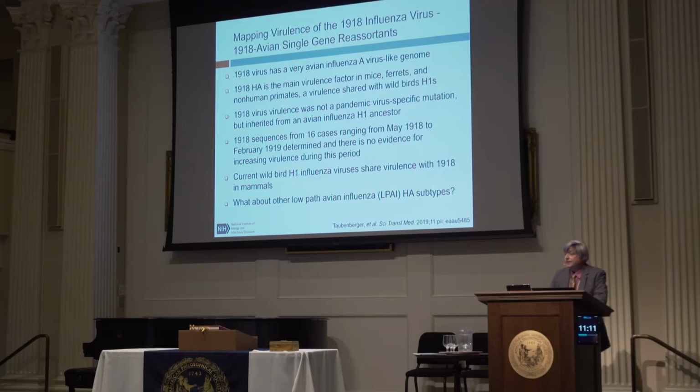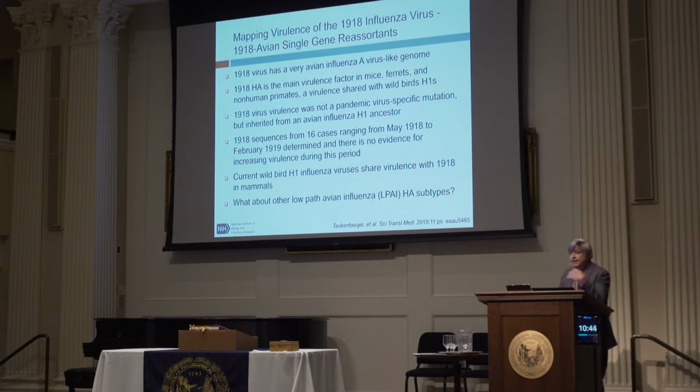The 1918 virus is incredibly bird flu-like at a genetic level. We don't know how it went from a bird reservoir to humans, whether it went through an intermediate host, when or where it emerged, and we probably will never learn that. But it is very bird-like. It turns out that the hemagglutinin gene, the gene that encodes the major surface protein of the virus, the H1, is the major virulence factor.